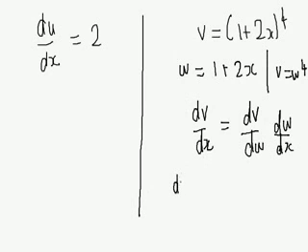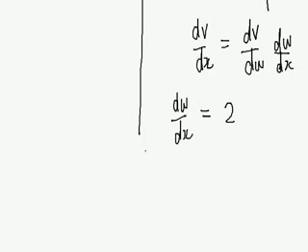I'm just going to keep this a little bit separate for now. Okay, so dw/dx is equal to 2. Okay, and again, I'm only doing this for completeness and a clearer explanation, rather than saying that it is absolutely necessary. It's probably not. You could probably do this in one step. Okay.